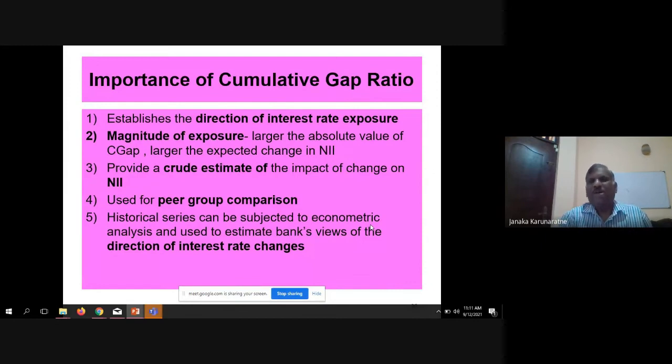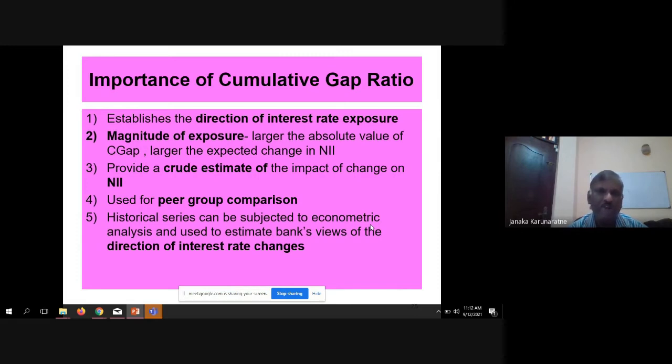So it provides the direction where we are heading, tells about the magnitude of the risk exposure, and provides a crude estimate of the income impact of the change on net interest income. So as you know, the cumulative gap, the actual gap will provide an estimate of the impact of change in net interest income and is used for peer group comparison.